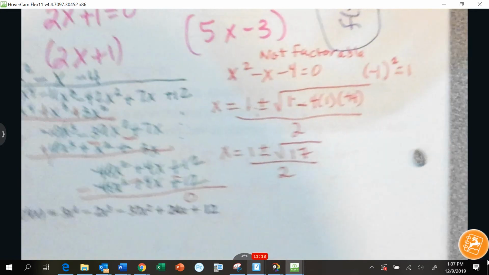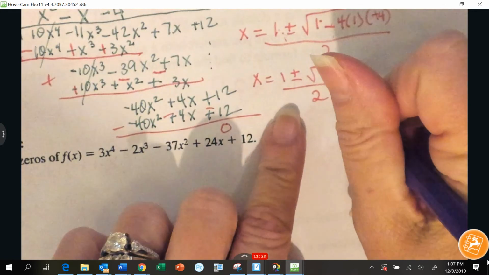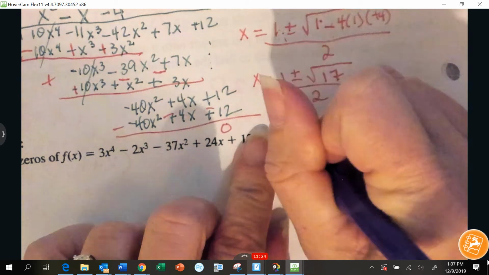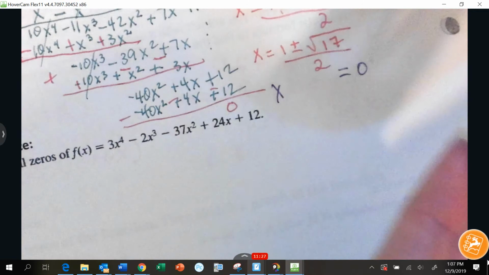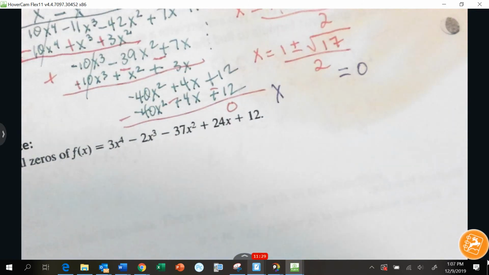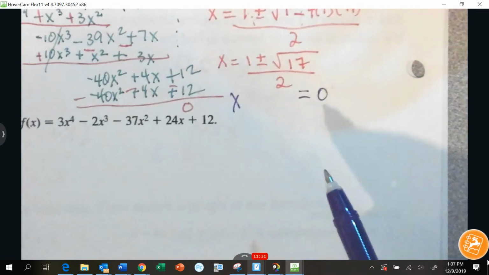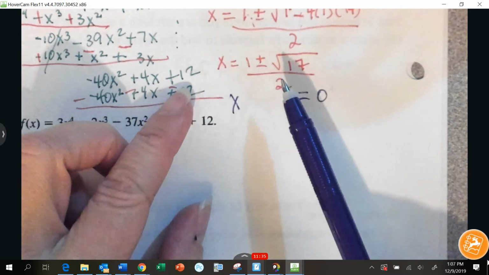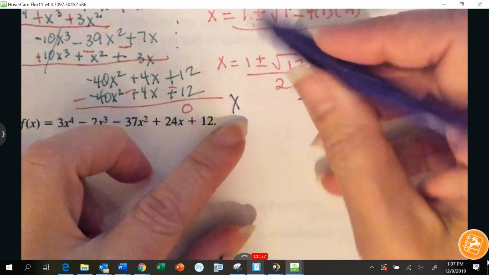How I knew that they were subtraction, because remember, in order to write this as a factor, we have to make it say equals 0. And how do I get this entire chunk over? Yeah, subtract it to get over. Yeah, you just subtract this whole thing.